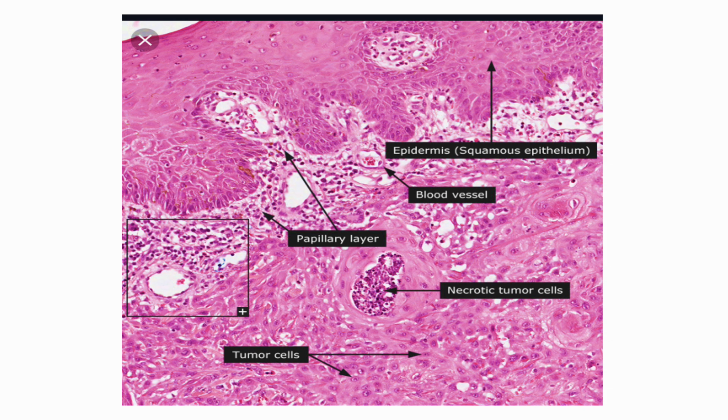This is a group of necrotic tumor cells, this is the blood vessel, this layer is the papillary layer of the dermis, and this is the epidermis. And these are some keratin pearls. Keratin pearls are typical microscopic features of squamous cell carcinoma.